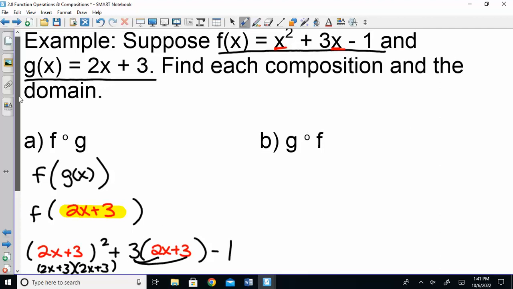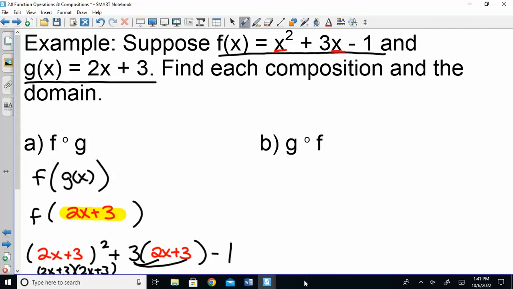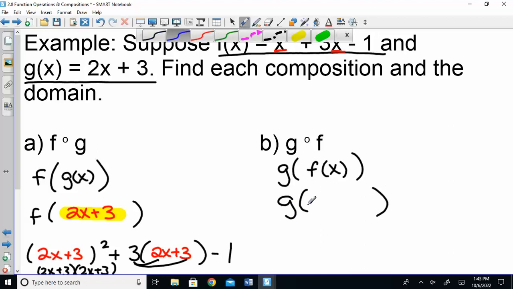Why don't you guys try B? See if you can do g composed with f and its domain. Starting on the inside, f of x is x squared plus 3x minus 1.